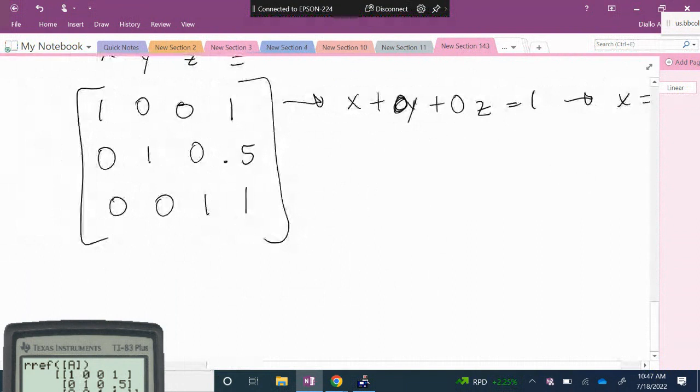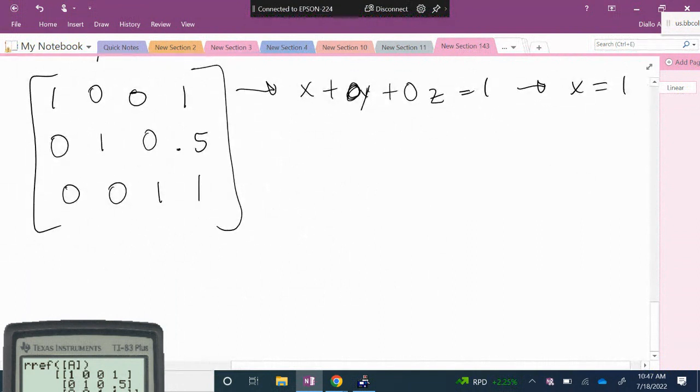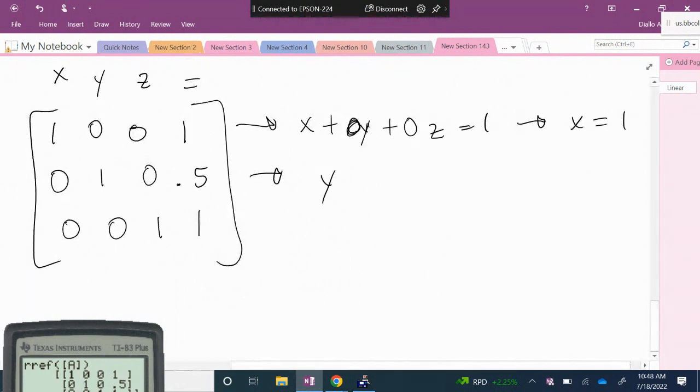If you look at the second row, that's actually an equation, right? So it gives us 0x plus y, right? So 0x is 0. For the next column, y has an understood coefficient of 1, so that's 1y, plus 0z, right? So 0z is 0, equal to 0.5.